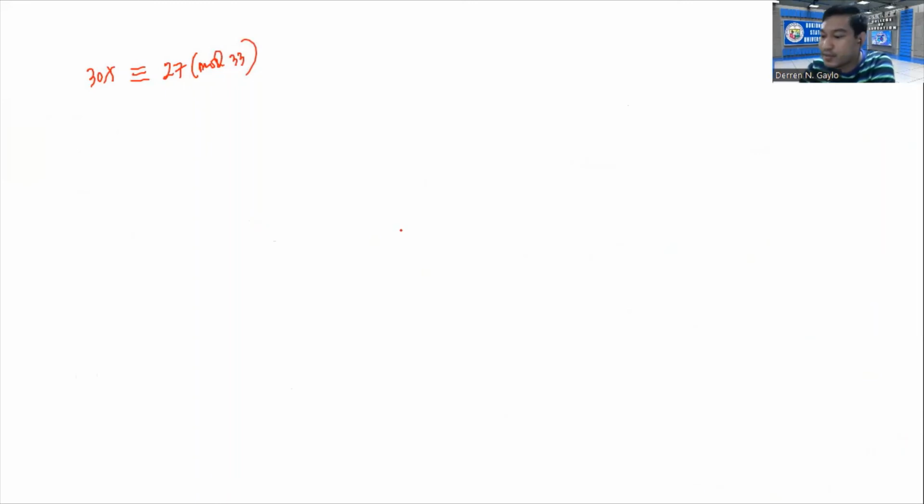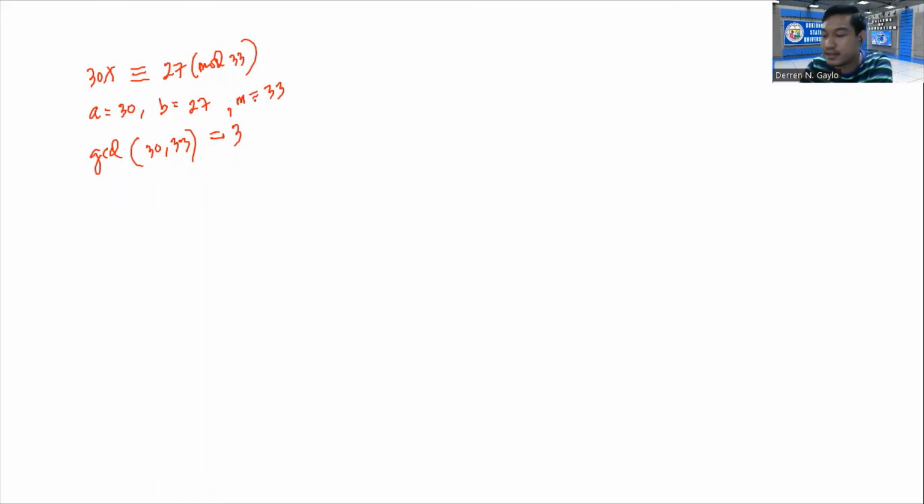So the first thing that we will do is you look for A. The A is 30. The B is 27. The M is 33. Then after that, you look into the GCD. The GCD of M and A is the GCD of 30 and 33. Sa greatest nila. Di ba, puan man na sila multiples of 3. 3 times 10 is 30. 3 times 11 is 33.